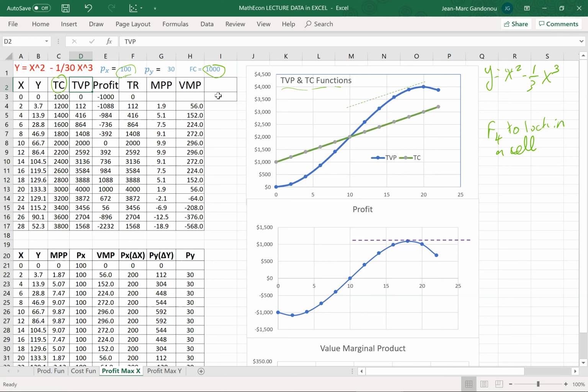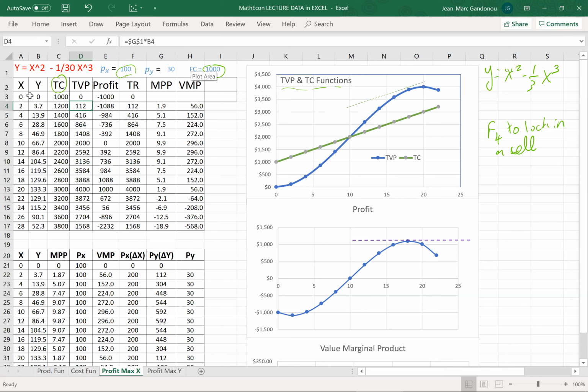So the total value product is going to be G1, the price of Y, times Y. Basically, total value product is total revenue.